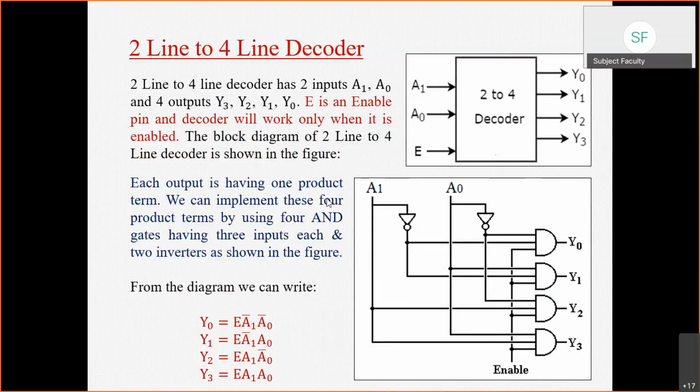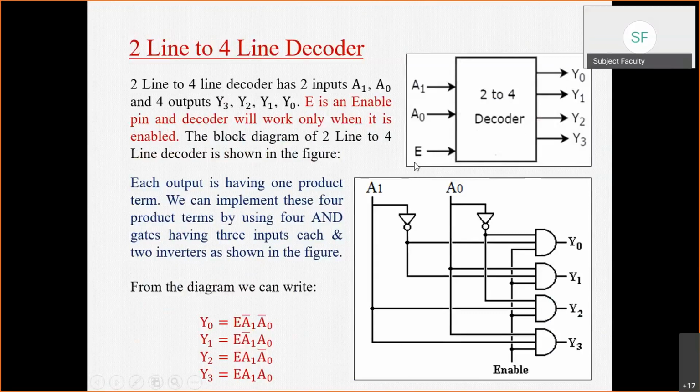Here you can observe the block diagram of the 2-line to 4-line decoder, but one pin is interesting here, and that pin is called the enable pin. Only when this pin is enabled, that is high in case of an active high circuit, will your decoder work.